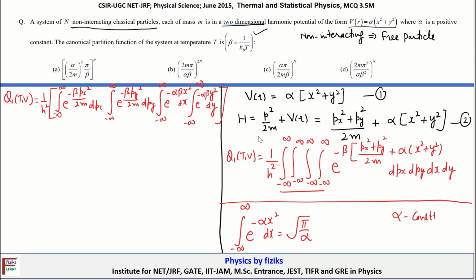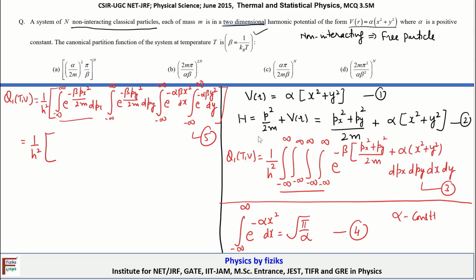Please note that alpha here is a constant. In the first integral, the alpha value is beta upon 2m. Let me call this equation 3 and this result equation 4. Now we want to apply result 4 in equation 5. For the first integral I am writing 1 upon h square outside.